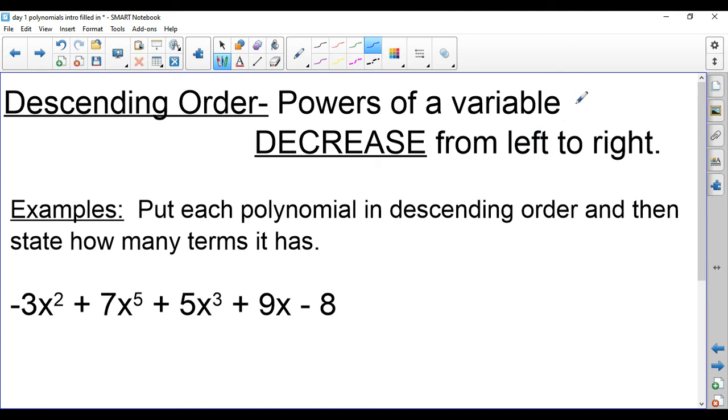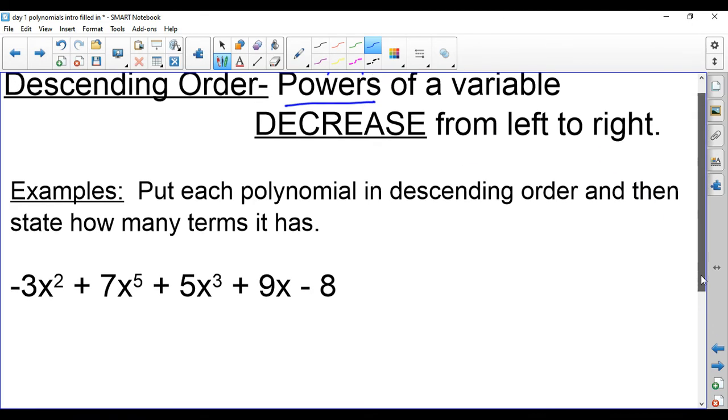When we write polynomials, we like to write them in descending order. Descending order means the powers or the exponents of a variable decrease from left to right. Descending means going down.